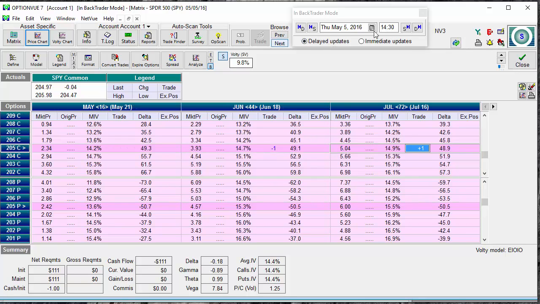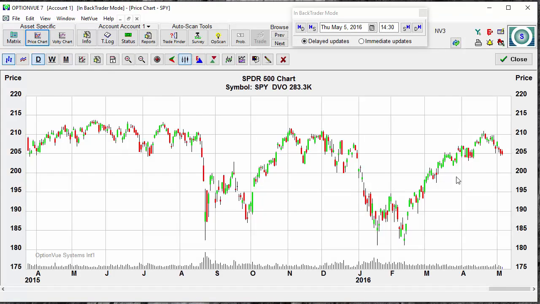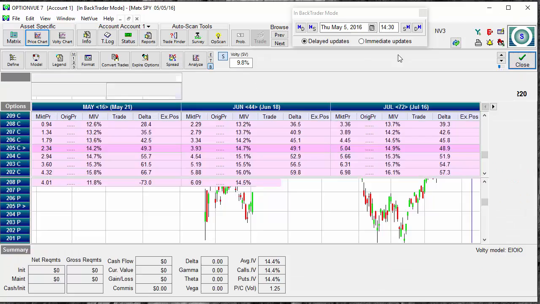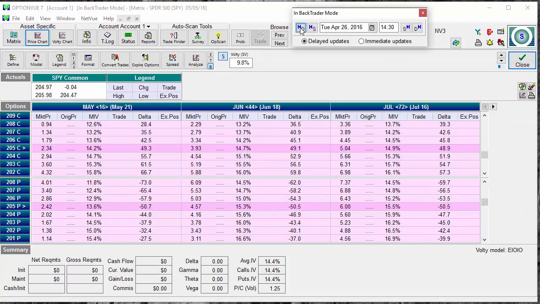Let me go back in time a little bit here, and we'll just run through a quick example. Because we could say I put a trade on right here on 411. So I want to assume I put a trade on right here.